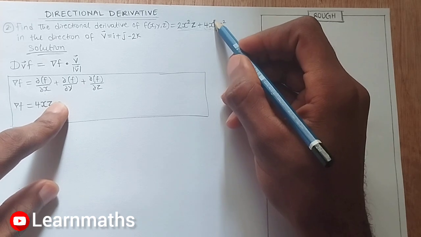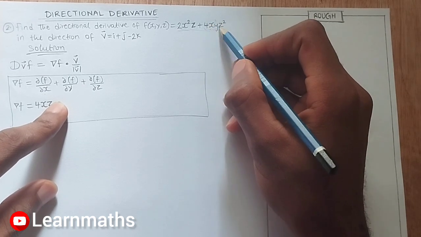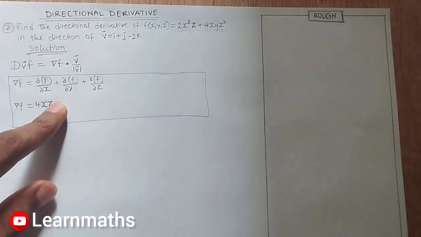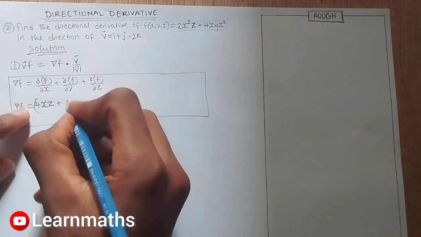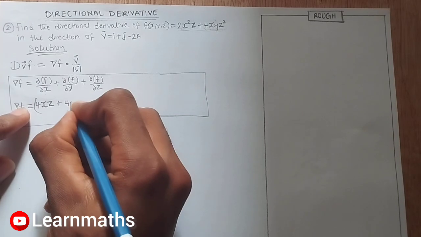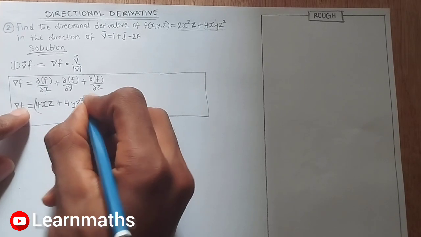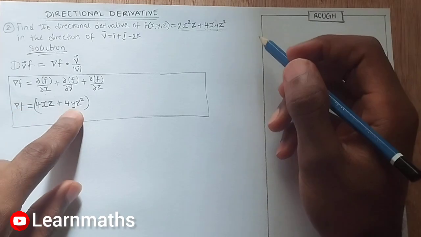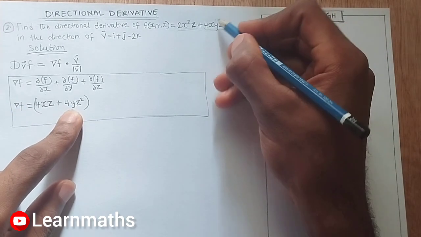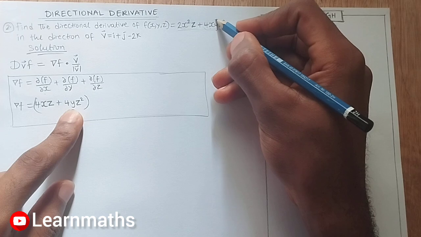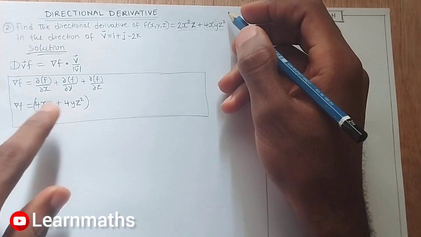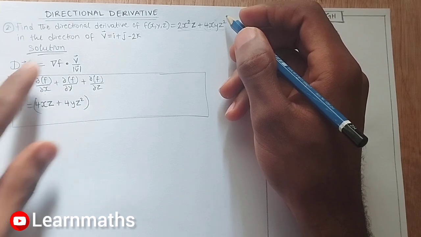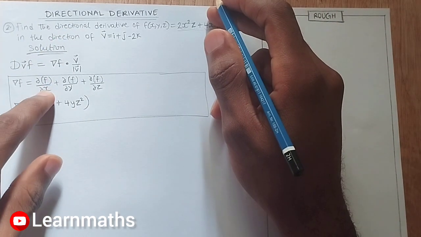That's currently 1, so I'm going to multiply this with 1, and it's still going to remain the way it is: 4yz squared. Why didn't I write my x? Because the power of x there is 1. You reduce it by 1, it becomes 0. x is gone. So this is the partial derivative of this function with respect to x.